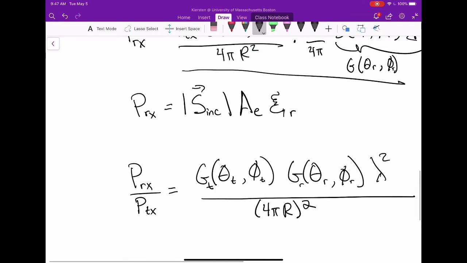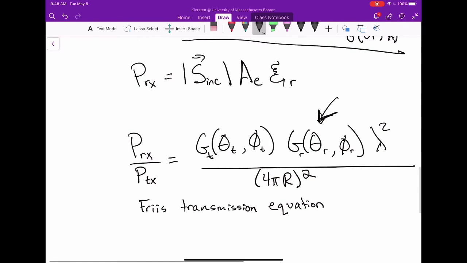Now I've swallowed up the receiver efficiency into the receiver gain, as you know. And this is the Friis transmission equation, which describes how much power you're going to get at the receiver of your communication link based on the gains of the two antennas and the distance between them and the wavelength.